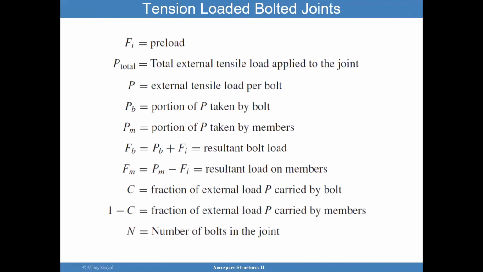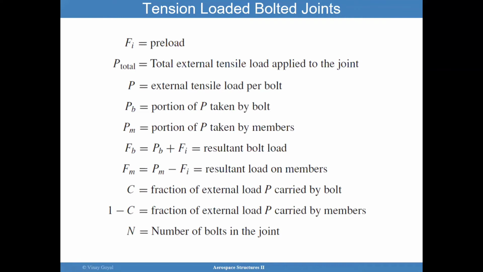So I want to move a little bit more into the mechanics of tension-loaded bolted joints. We have a preload that I'm going to specify as Fi. So that bolt has a preload. P total is the total external tensile load applied to the joint.